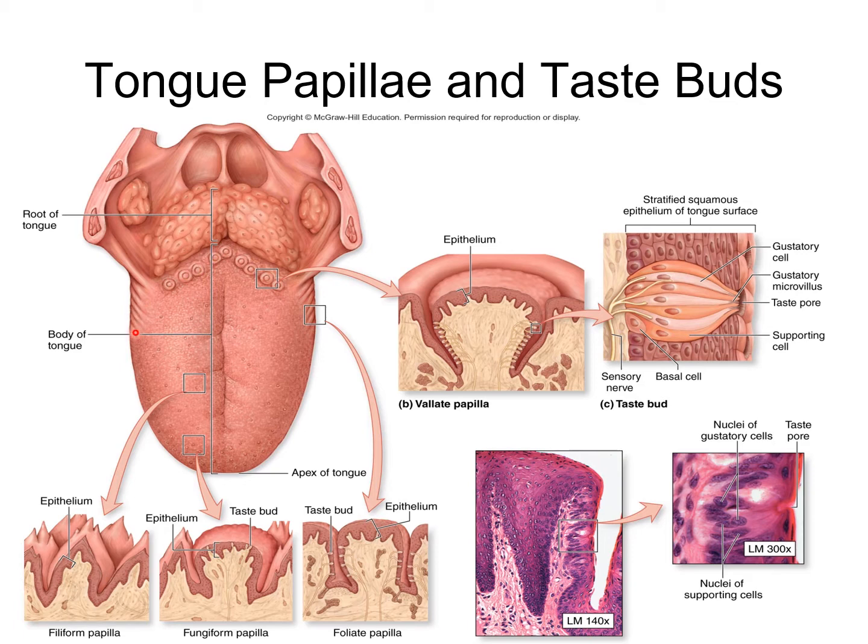On the sides, we have the foliate papillae, and then near the back of our tongue, we have these papillae right here, known as the vallate papillae. Within those papillae are the taste buds. Not all of those papillae, by the way, have taste buds. For example, the filiform papillae have no taste buds within them.